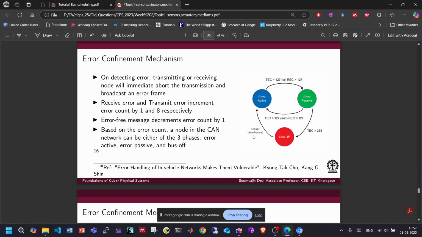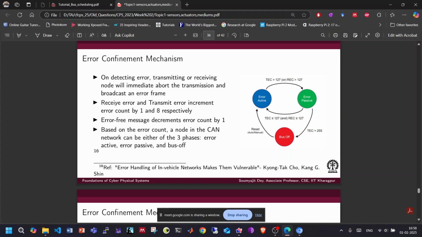When there is an error, some node is facing a certain error. There are 2 kinds of errors, transmission errors and reception errors, obviously. For both of them, there is only one error counter, one register that keeps on increasing the error value.